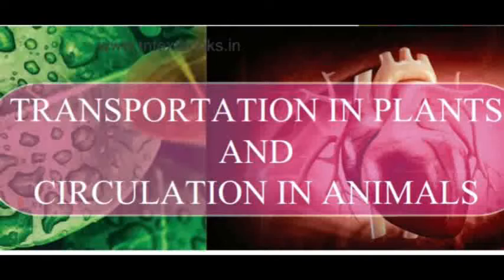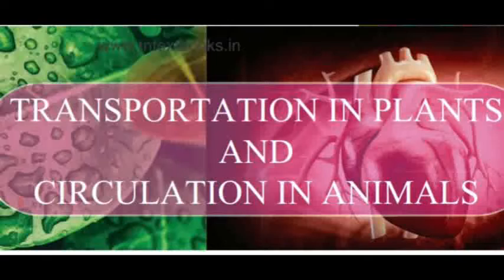Dear students, in the previous video class, we have seen different types of blood vessels, that is arteries, veins and capillaries. Differences between artery and veins, and how capillaries are produced from the branched structure of arteriole and venule, with the help of the diagram.